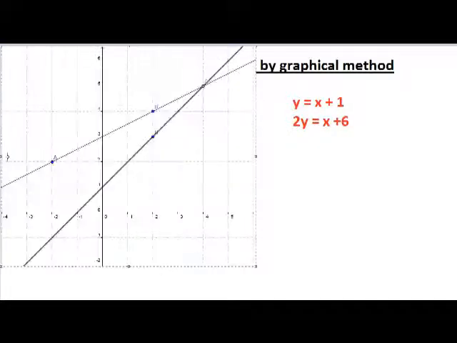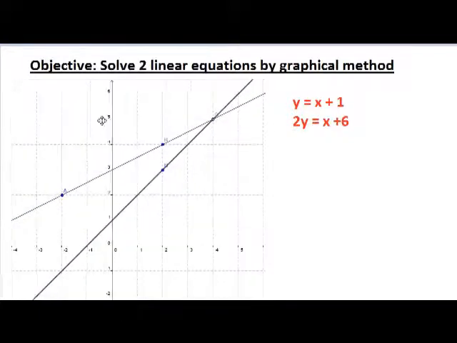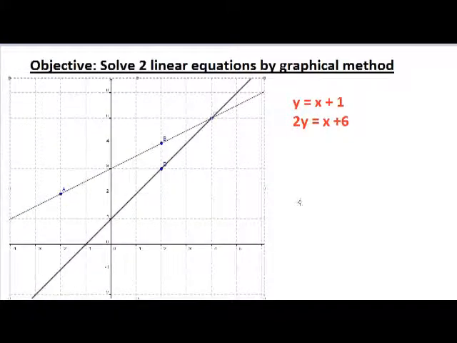So step 1, we have plotted the two lines. First line, y equals x plus 1. From the equation, we know that the y-intercept of the line is positive 1.